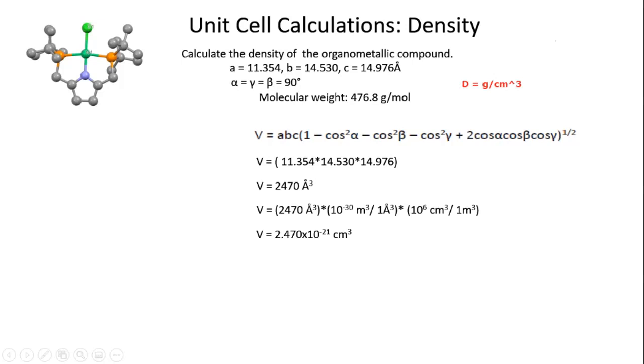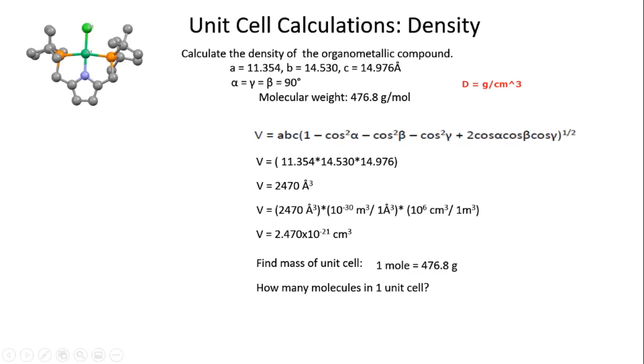So we have the volume component. Now we need to get the mass component. So the mass of the unit cell, we know that 1 mole of this compound is 476.8 grams. So this is the molar mass of this compound. Here we need to identify how many molecules are in one unit cell.